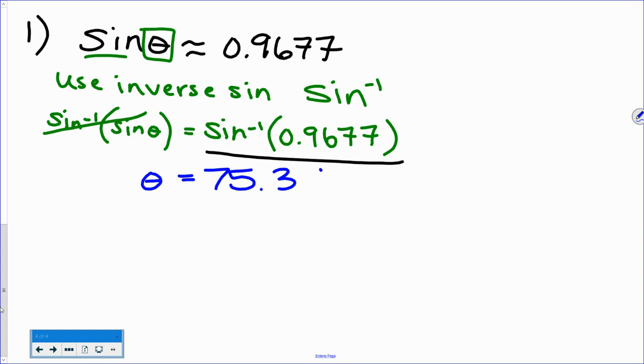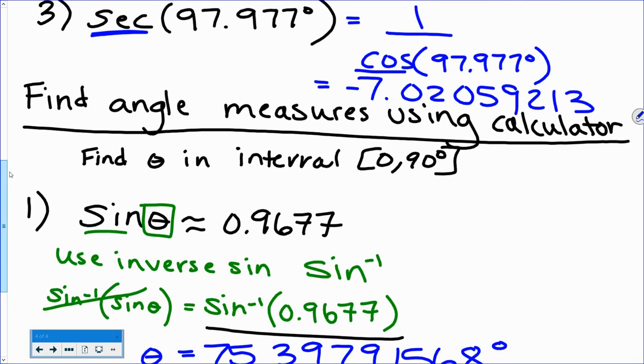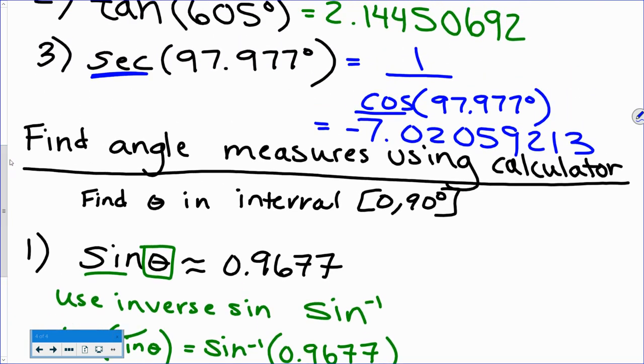So I had 3979, and then 1568, and that's in degrees. Okay, so inverse sine undoes sine. Your reciprocal would be 1 over that trig function. So those are the difference between those two.